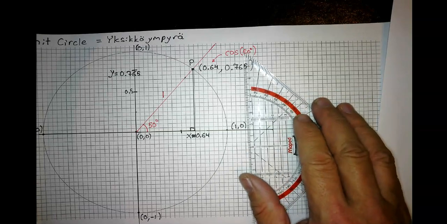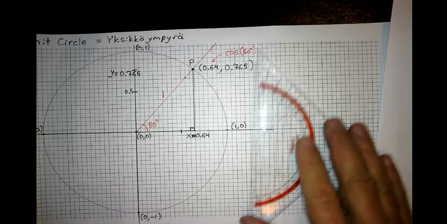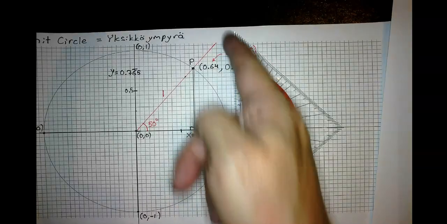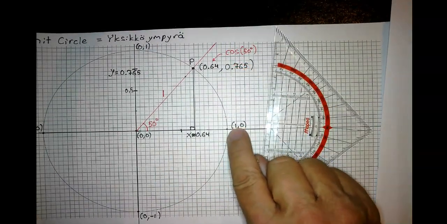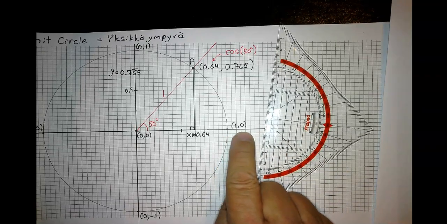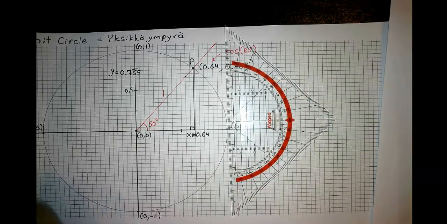I don't remember the correct word in English, but if I draw a tangent line on the right hand side of this unit circle, it means the vertical line which goes through this point 1.0. I will do that now. So I will draw that vertical line.